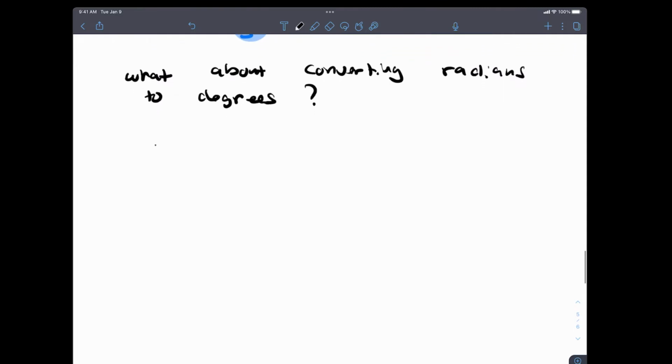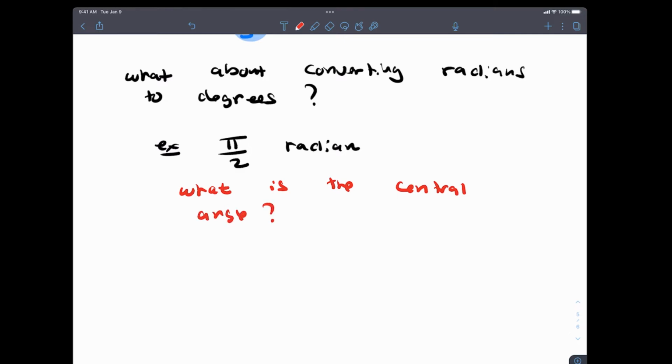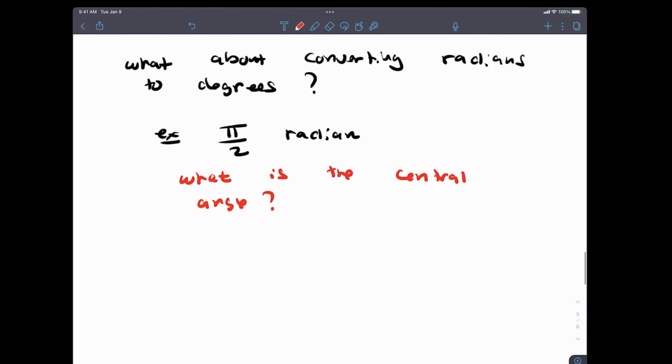So, for example, pi over 2. This is what's called radian measure, just real number. Pi over 2. So I'm going to ask you, what is the central angle when it's pi over 2 radians?